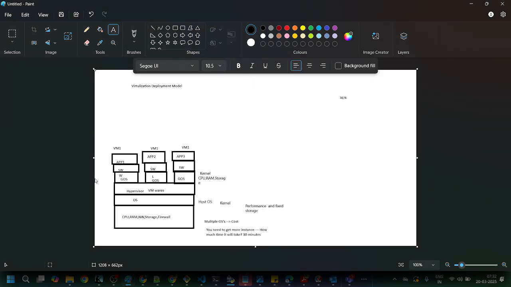For example, if Amazon goes down for 2 minutes, how much money and profit do they lose? In 2 minutes, millions of people connect to Amazon and buy products. If it goes down, those 2 million people cannot connect to the application or buy anything.